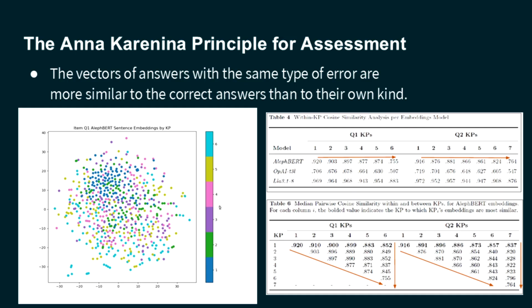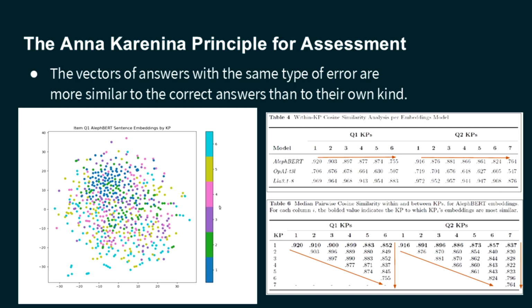This is visible also in the top table. The arrow direction shows the decrease in similarities as the knowledge level decreases. So higher index in the title shows lower knowledge level. We also found that answers that exhibit the same type of error, their vectors are actually more similar to the correct answers than to their own type.